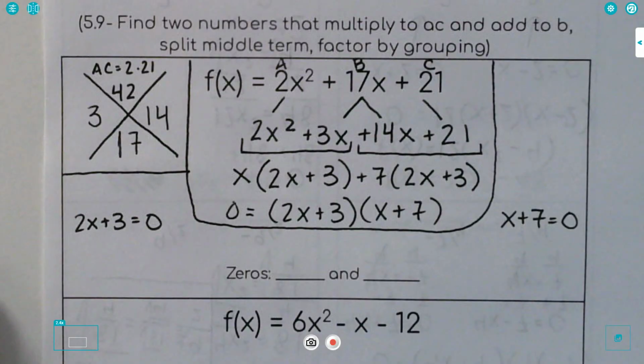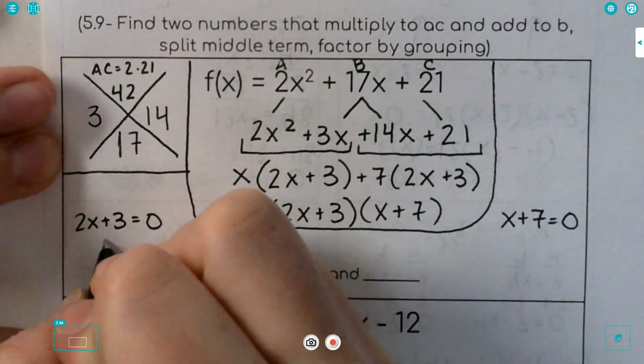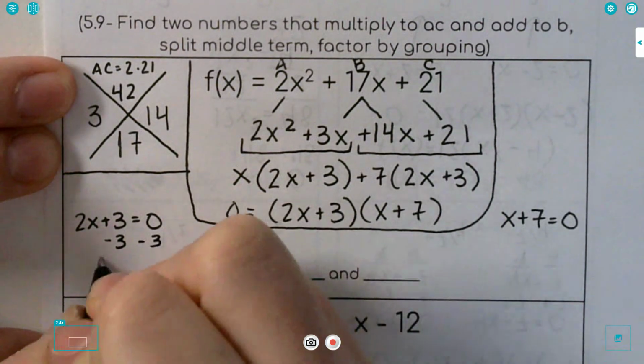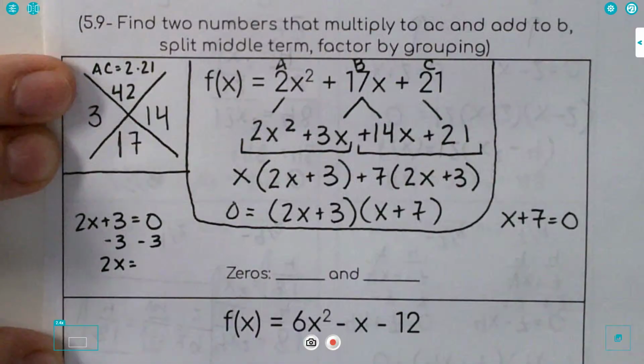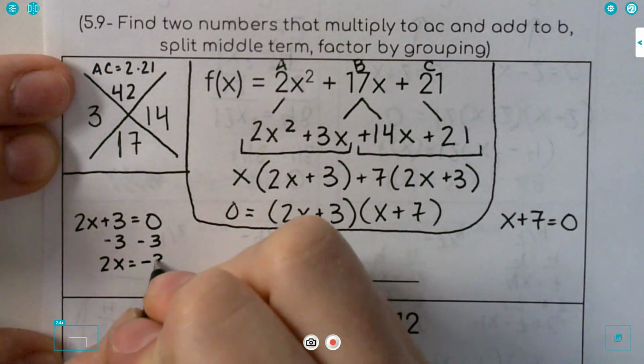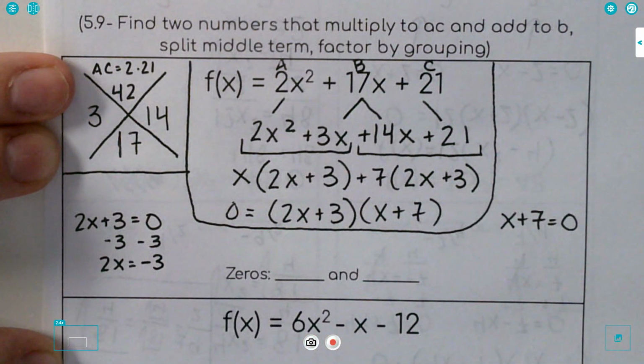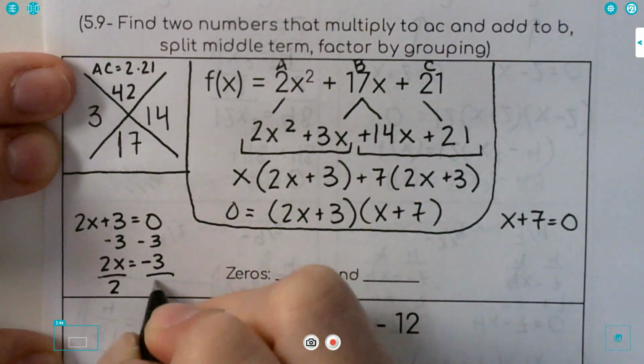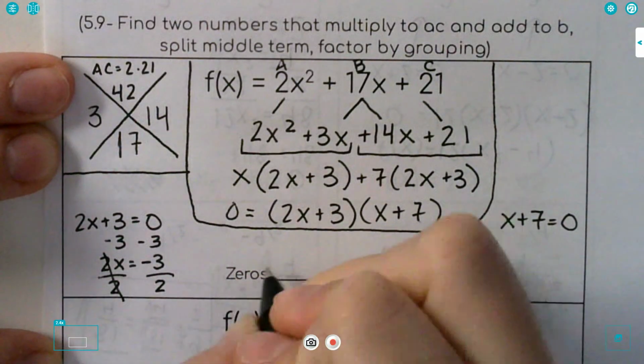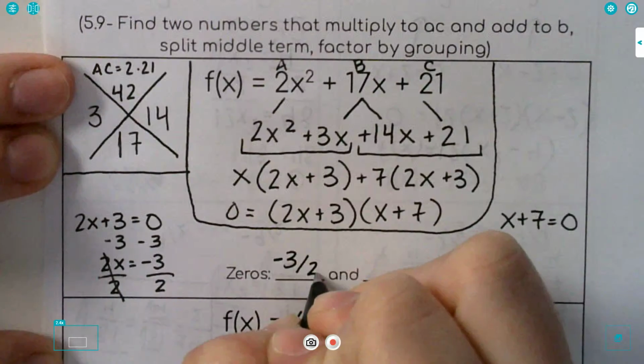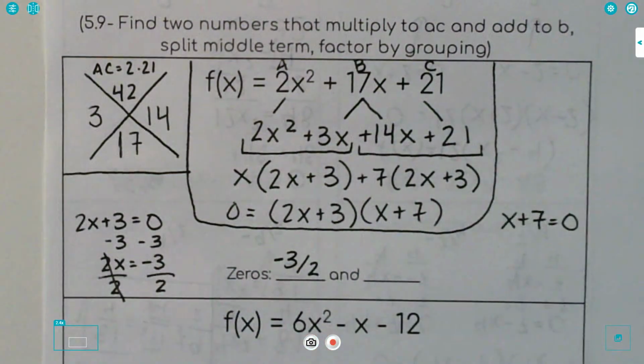Solving out 2x plus 3, I'm going to subtract 3 from both sides. I get 2x equals -3. And I divide both sides by 2. I'm going to get x is -3/2. So that is one of my zeros.